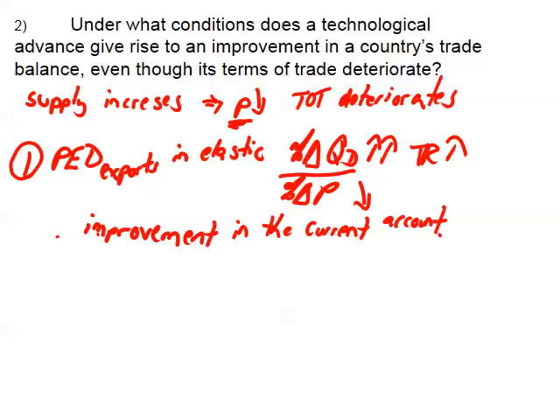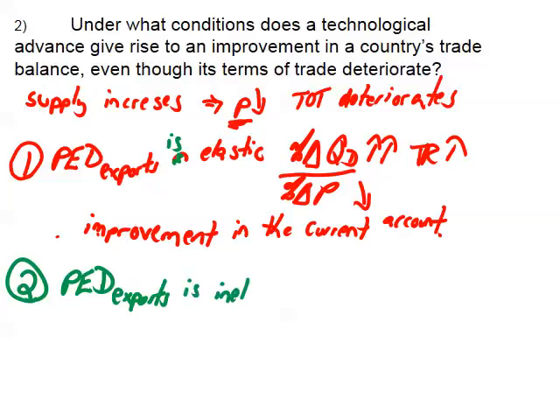Let's look at this as well in terms of if PED of exports is inelastic. Again, percentage change in quantity demanded over percentage change in price. We still have price going down. We still have quantity demanded going up.